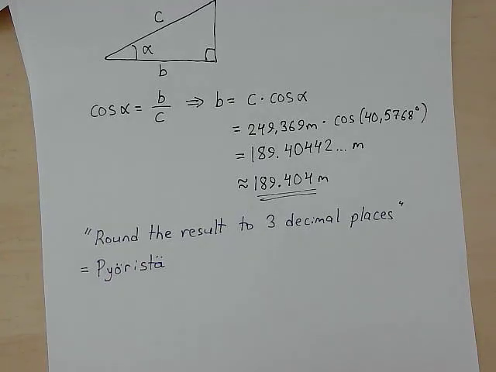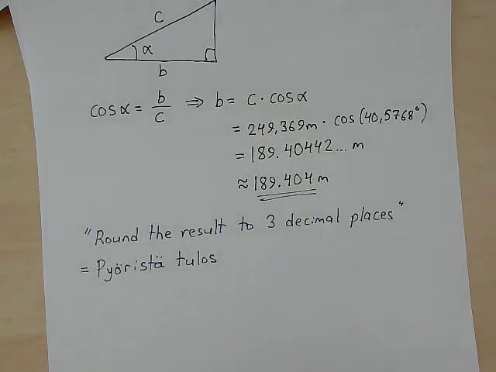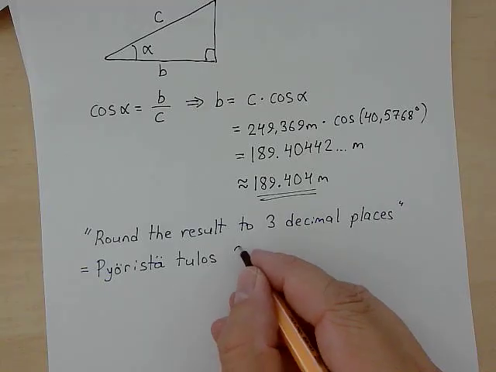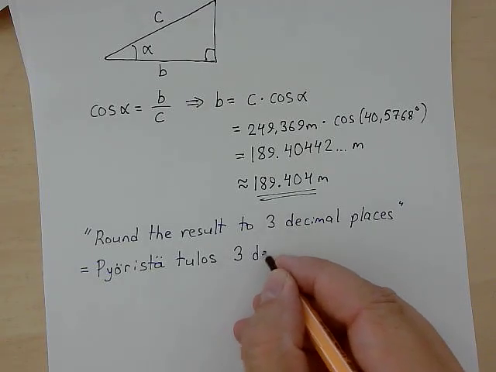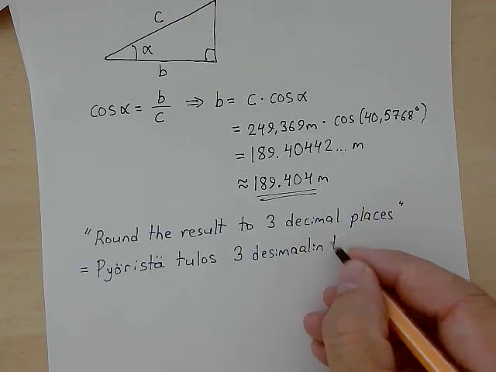The result is tulos. And then 3 desimaalin tarkkuuteen.